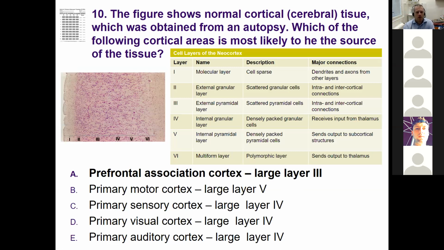These are the areas responsible for social intelligence, for empathy, for handling the situation in social interactions, right? And they are characteristic by having really well developed layer 3.